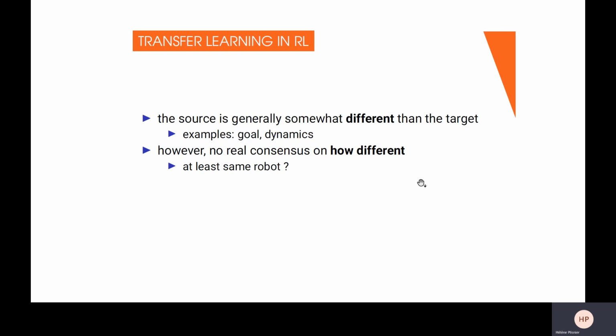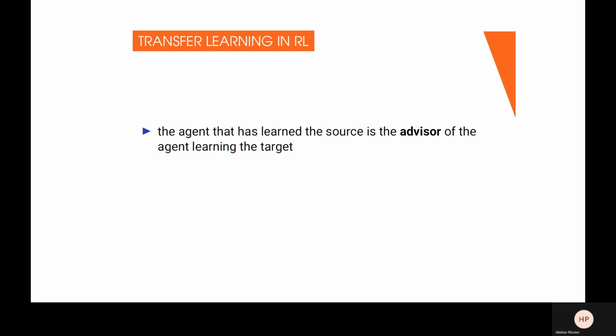But if you manage to have the policy learned on one robot help another robot learn another task, or you have an agent that has learned to swim and you can transfer some knowledge from swimming to flying, for example, even though these two tasks seem very different, good for you, obviously. People will applaud you.